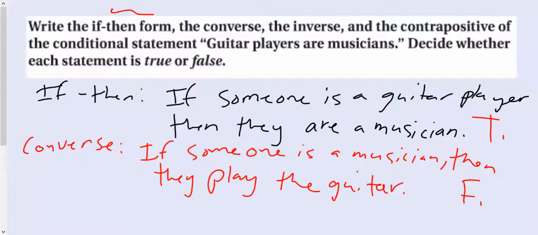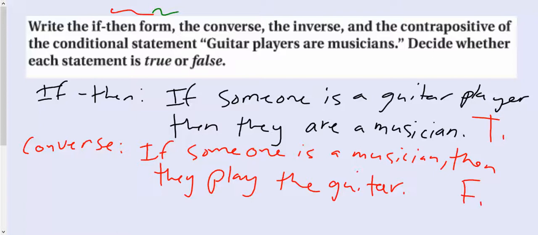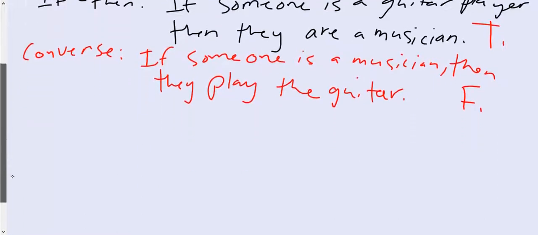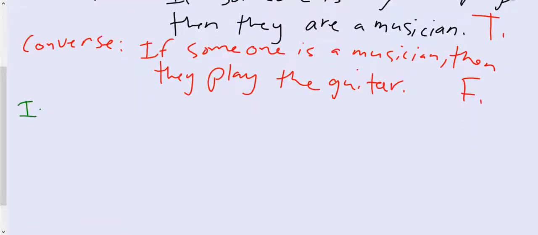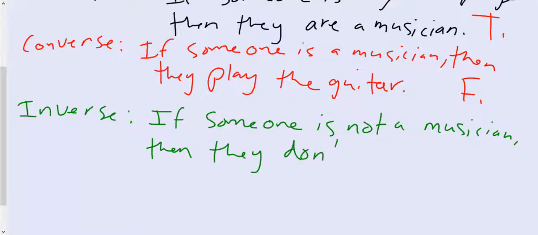Alright, for the next one, different color here. Now we're doing the inverse, so now we are doing the negations. If someone is not a musician, then they don't play the guitar.